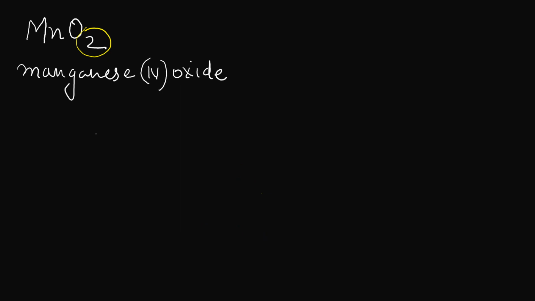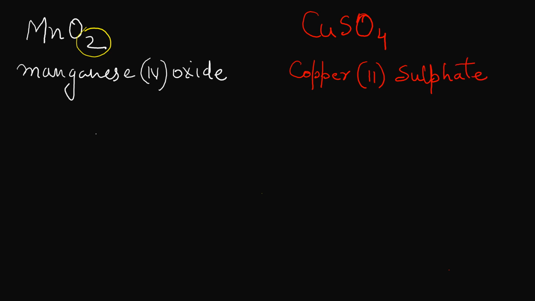Let's consider another example, copper. Okay, so pause the video, try writing the formula for this compound. I hope you figured it out, right? So it's supposed to be copper 2 sulfate. Why 2? Why not 4?